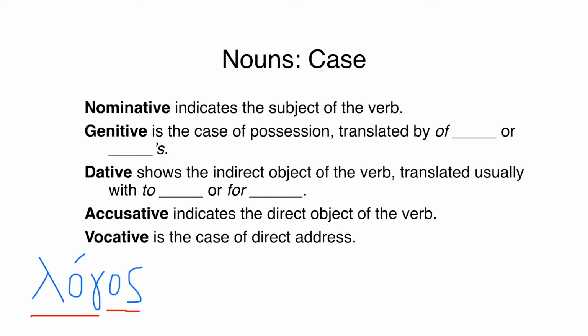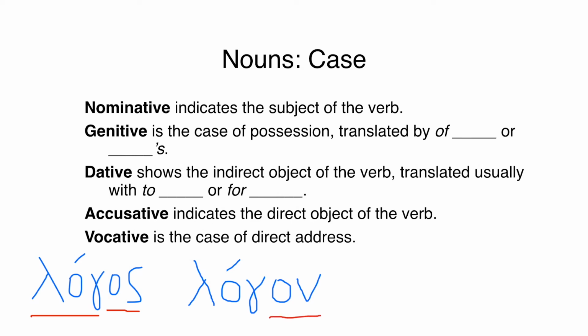If we wanted to turn this word into an object rather than a subject, we would need to put it into the accusative case, and in that situation it would be spelled like this. And you can see the difference right at the end.